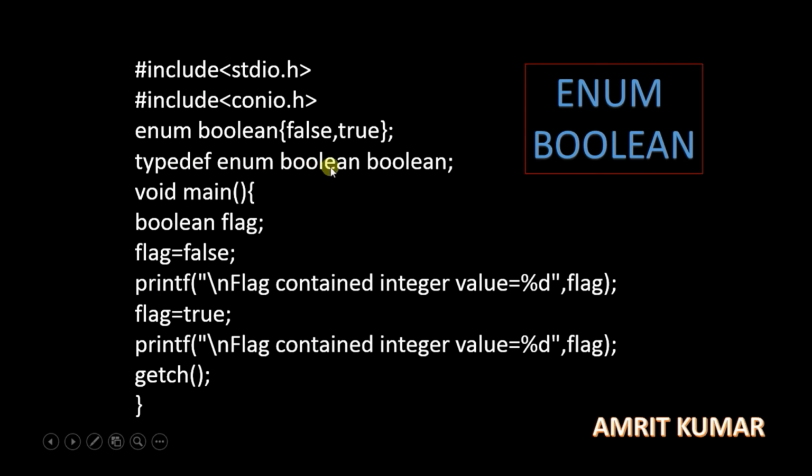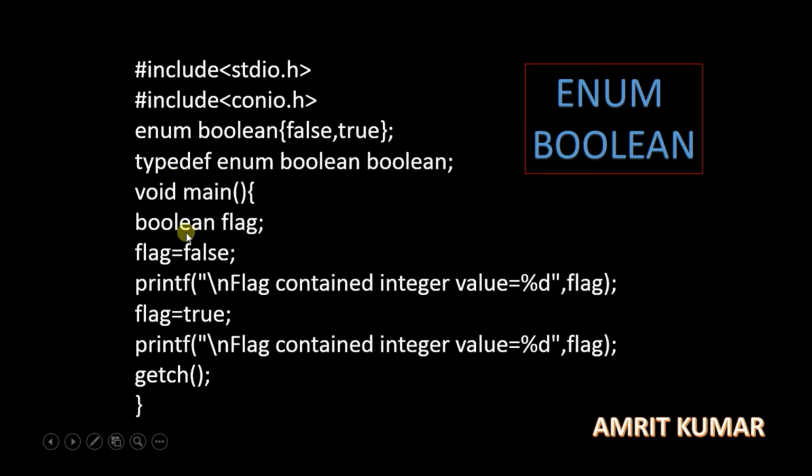Because it contains enum boolean, we can access false and true through boolean only, because typedef's work is to contain the value of enum boolean into a variable so that we can use that variable anywhere and reduce the code. Okay, so this is the working of typedef.